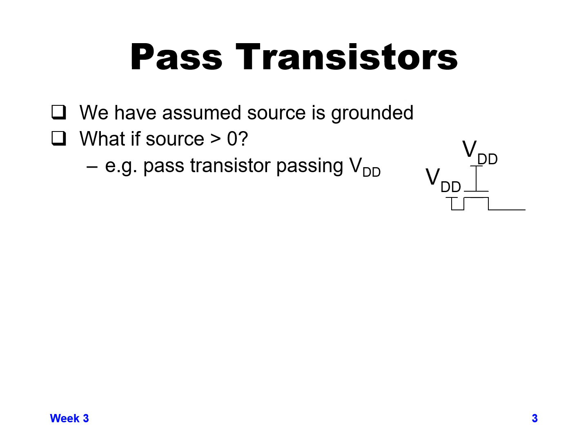So if we have the source connected to VDD, we're trying to pass a 1 value through the NMOS transistor. In the past, we've always said the NMOS should always be connected to ground. But in this case, we don't have it connected to ground; we have it connected to something greater than ground. So we're trying, for example, to pass a 1, or VDD, value through an NMOS transistor.